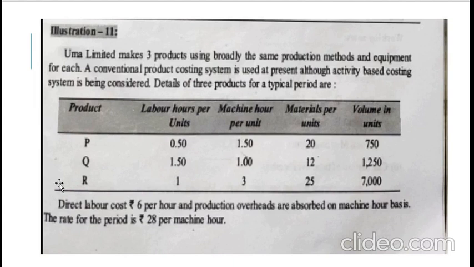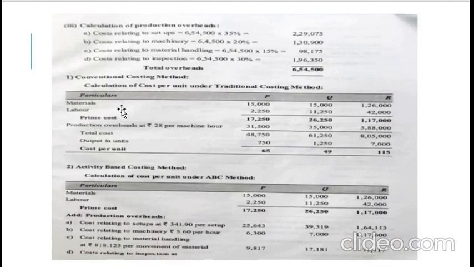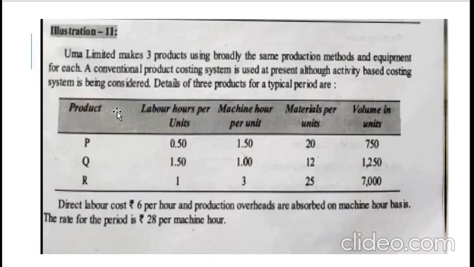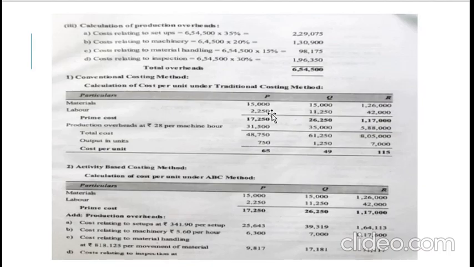As per the cost sheet, the first item will be direct materials. Material per unit is given, which is 20. Volume in units is given. So for 1 unit, the material is 20. Then for 750 units, 750 into 20 will give you 15,000.